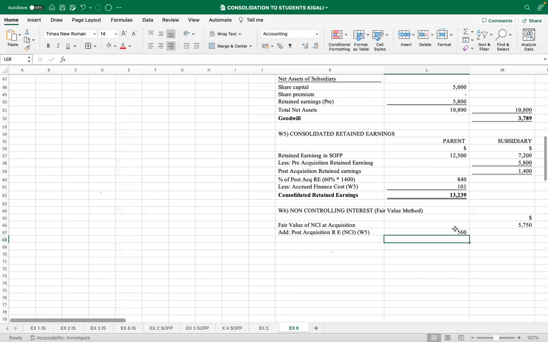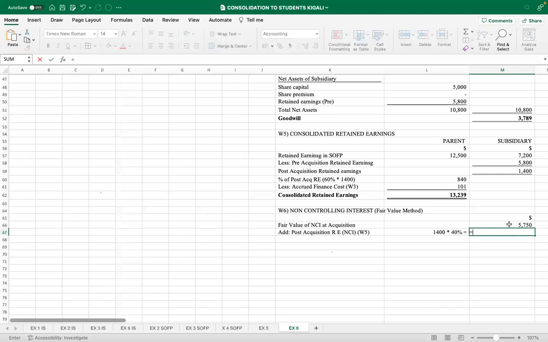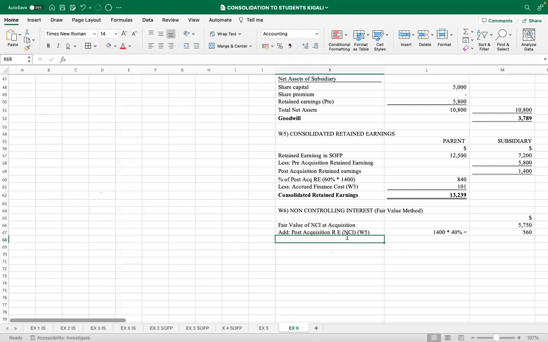So 1,400 times 40%. 40% is the NCI percentage. So that gives you 560. So the total non-controlling interest is equal to, you add the 2.